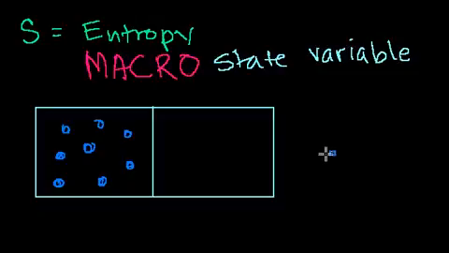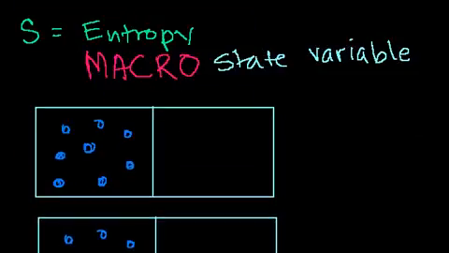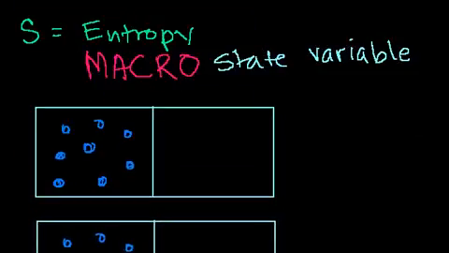Okay, let me copy it, and then I'm going to paste it. So let me put these next to each other. All right. So I have these two things, and then the second time I blew away this wall. Let me erase the wall there. And then we said once the system reaches equilibrium again.